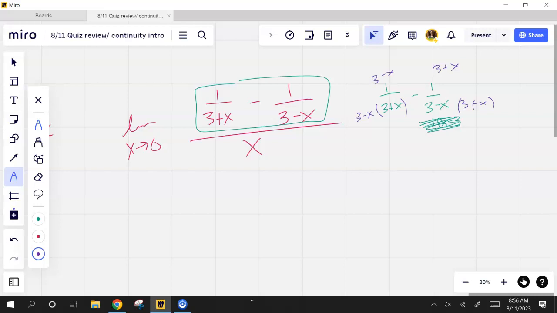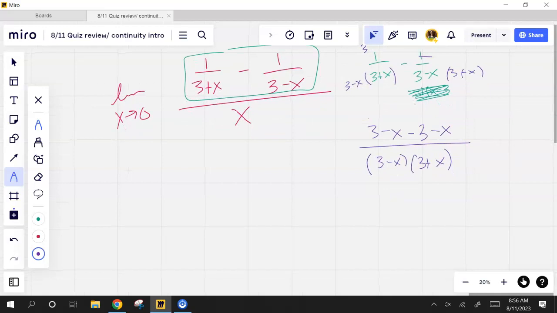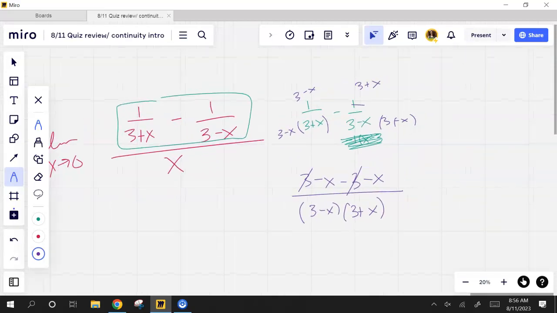All right, so here, yes, on the bottom if you want to, and I'll show you why. Hold on. 3 minus x minus, I'm subtracting all of this, so minus 3 minus x over 3 minus x, 3 plus x. Yes, because it's a denominator.